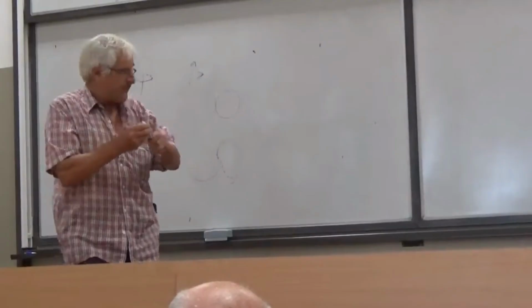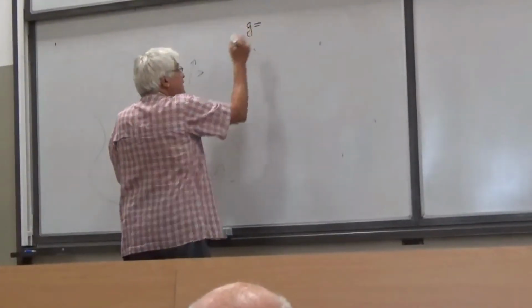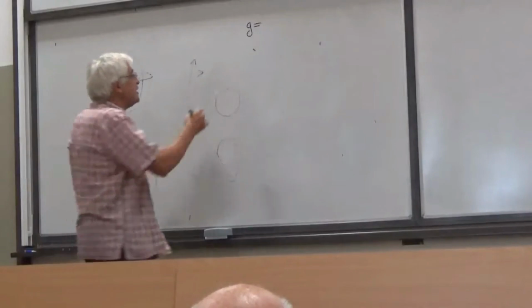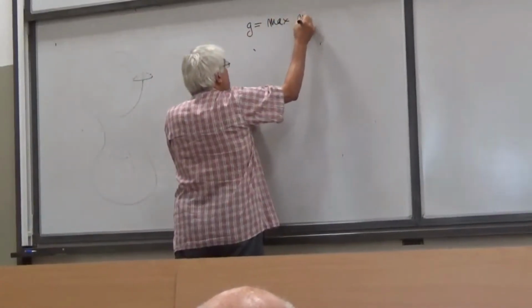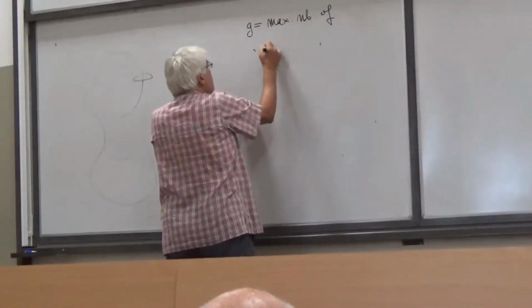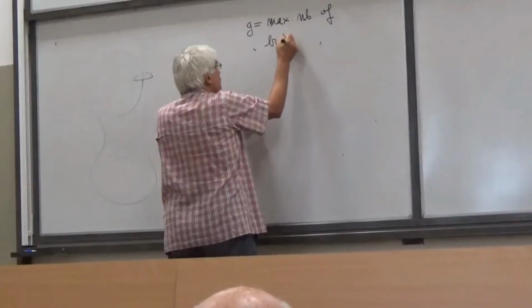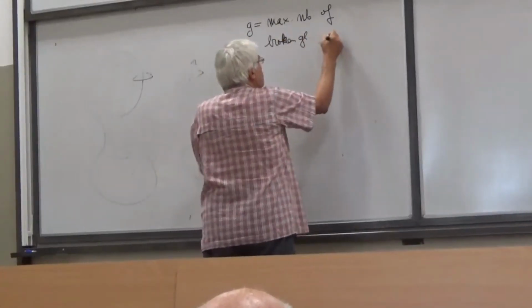Merci. So, genus. Genus is the maximum number of broken glasses on the surface.